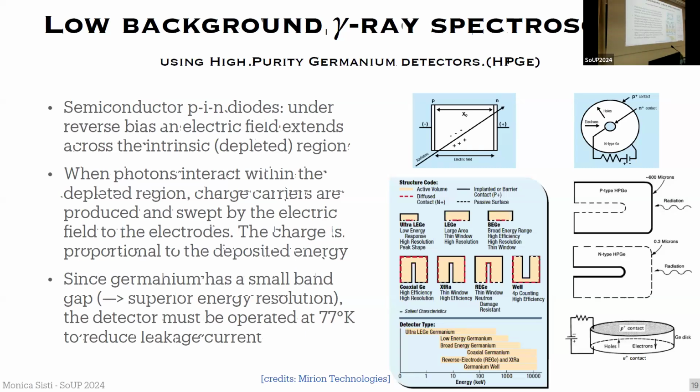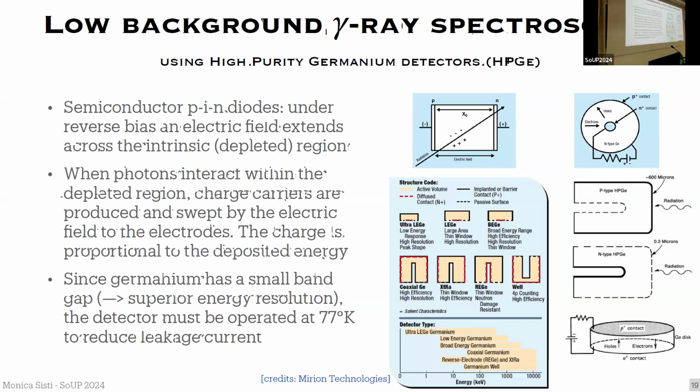They're semiconductors with a small band gap, so they have a superior energy resolution, and this allows you to recognize the different nuclides in the material. But because of this small band gap, the detector has to be operated cold, at nitrogen temperature, to reduce the leakage current.